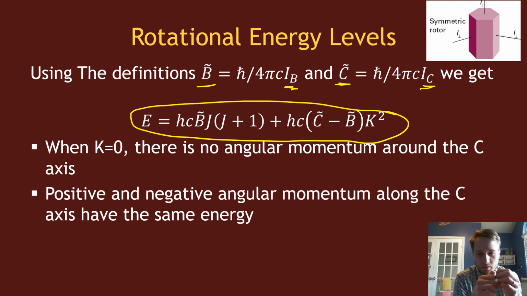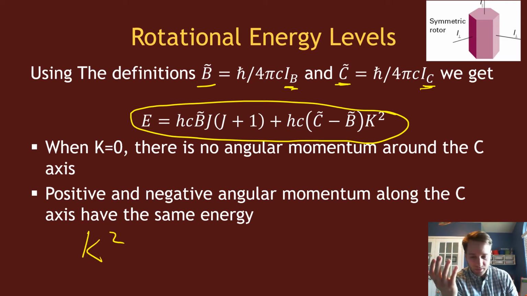We'll note briefly some degeneracies. When K is equal to 0, you have no angular momentum around that C axis, and those energy levels are singly degenerate. But when K is non-zero, you have some angular momentum around the C axis, and you'll have doubly degenerate energy levels, because K squared is the same whether K is greater than 0 or less than 0.